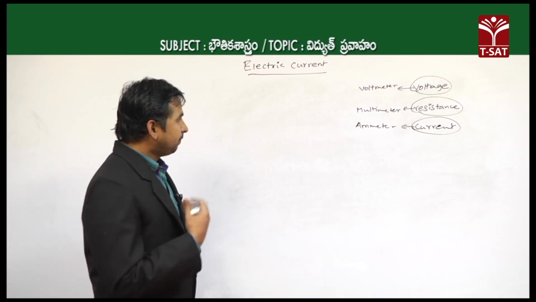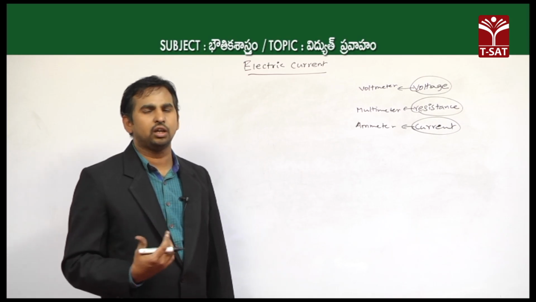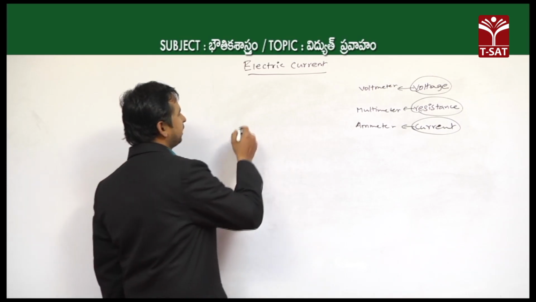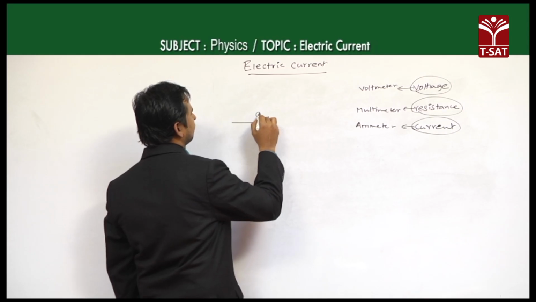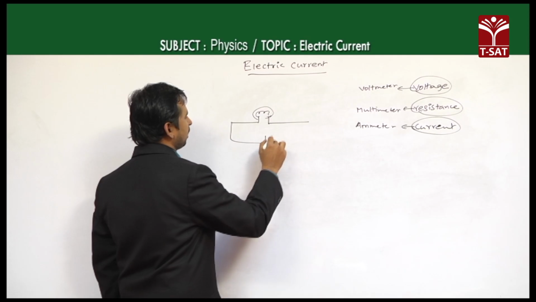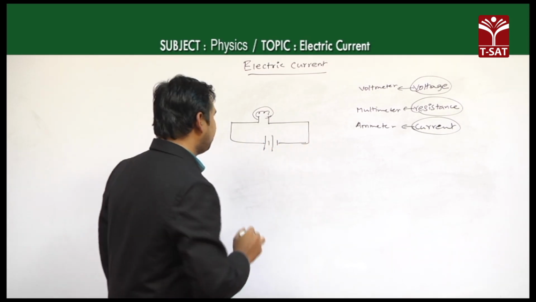So whenever you want to find how much voltage is present or how much is the voltage drop at an electronic component, for example a bulb, what we have to do is connect this voltmeter.